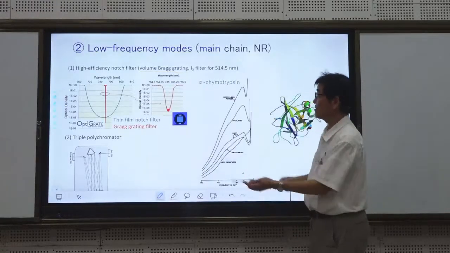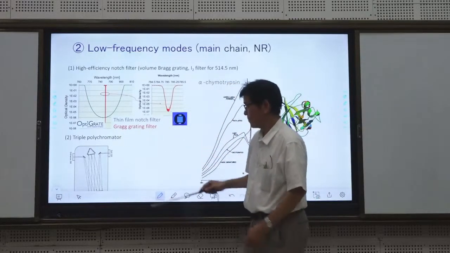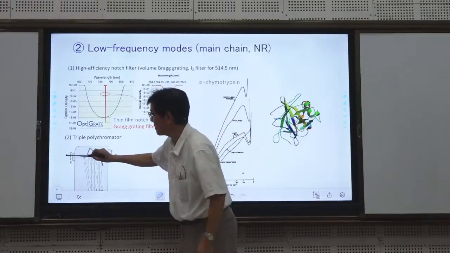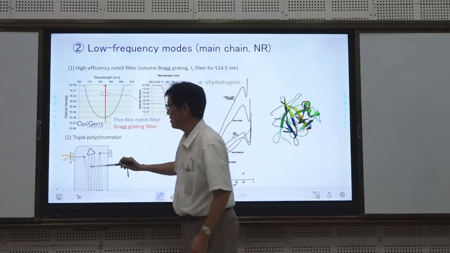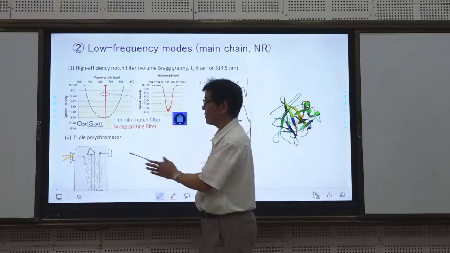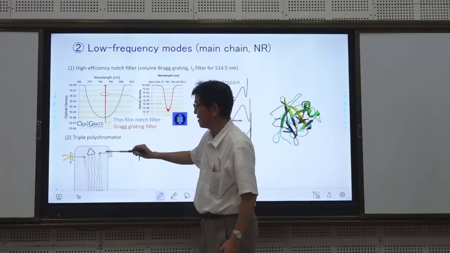Well, there is one more method to detect low frequency modes. We can use a triple monochromator. So this is a monochromator. When we introduce the light, this grating separates the light according to the wavelength.